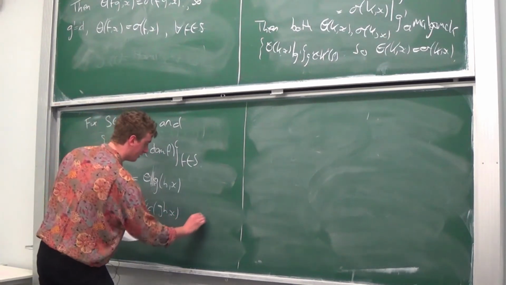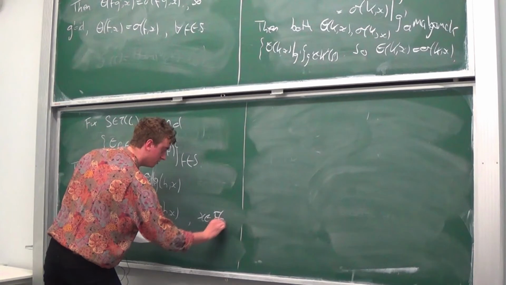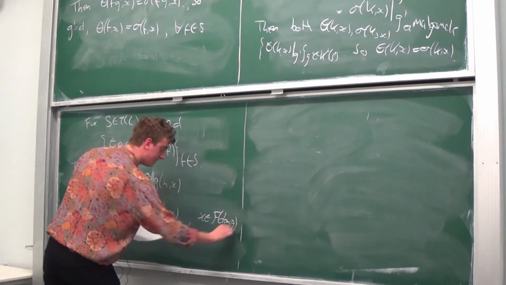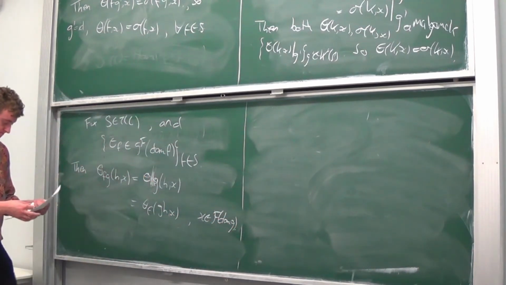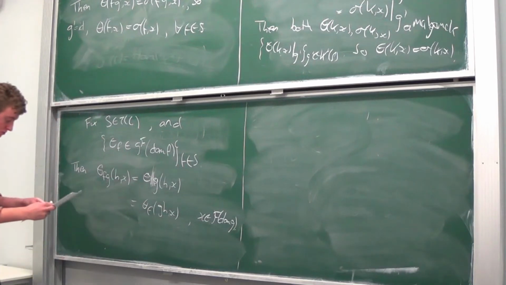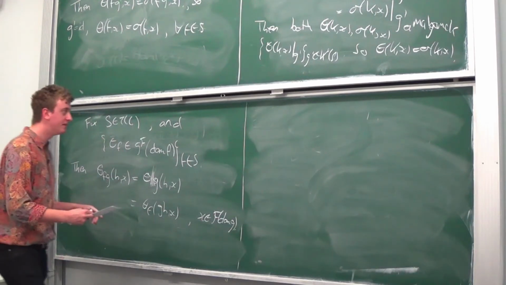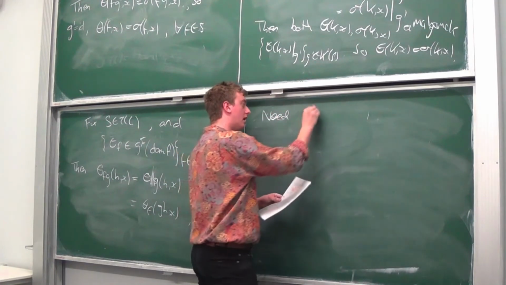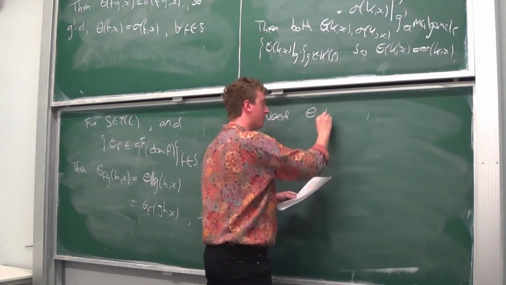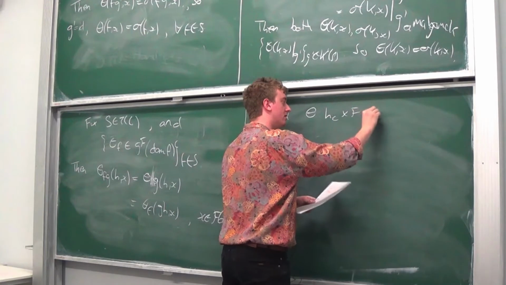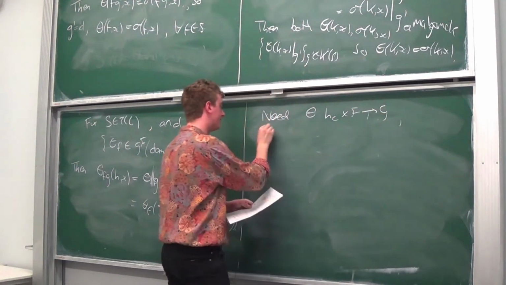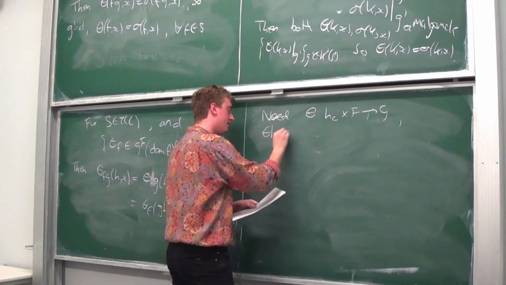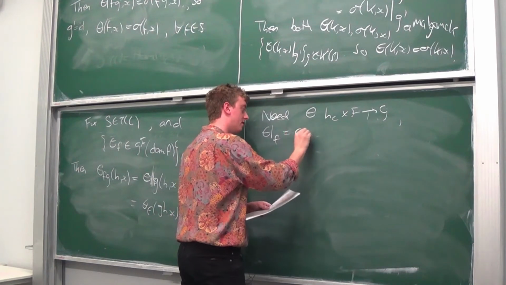This is for any x in f of the domain of G. So to find some amalgamation, we need some theta going from hc times f to g, and we need that theta restricted to f is equal to theta f.